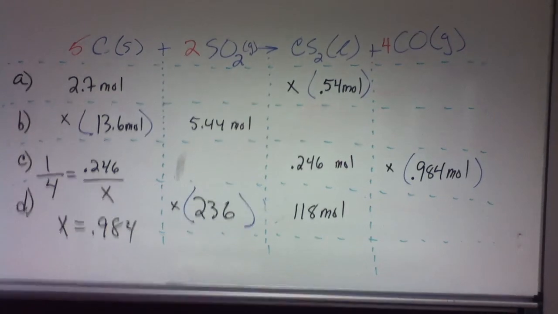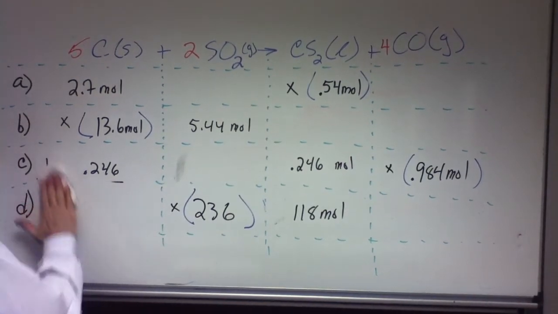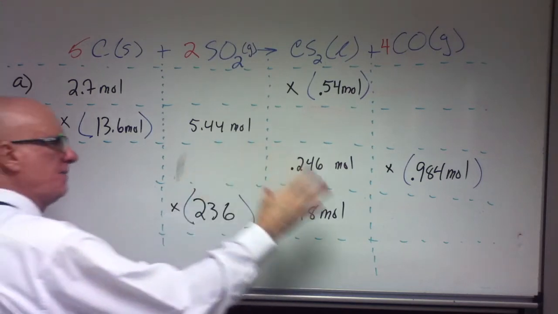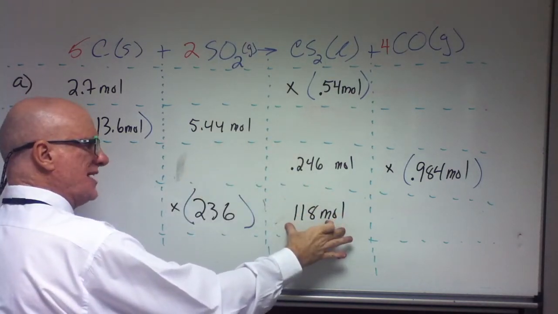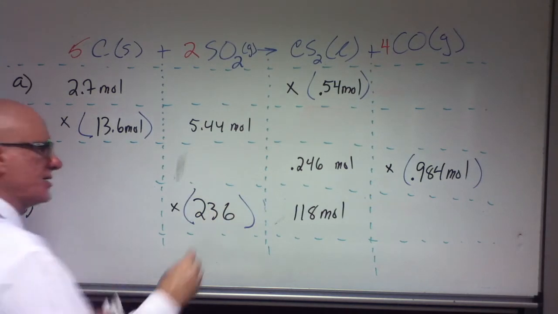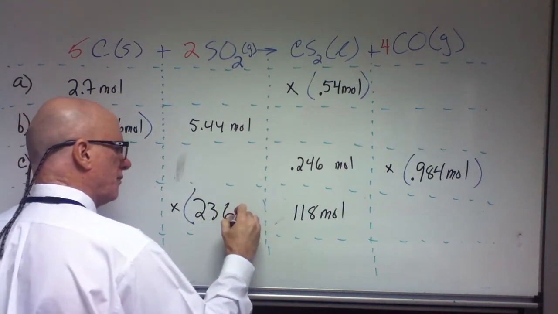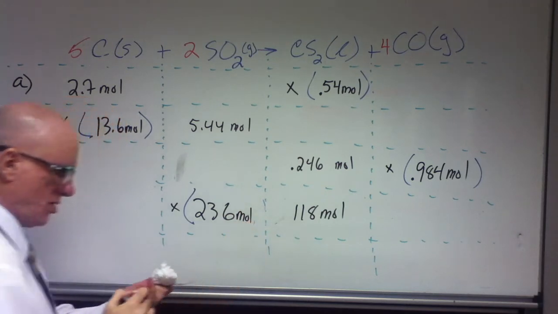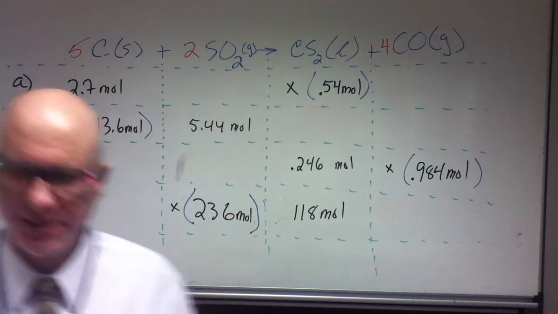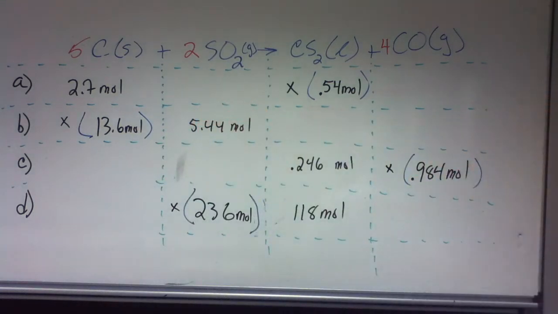You shouldn't have to do this. This should be very straightforward. If I have 118 moles of this, I have 236 moles of this. Clear? Easy? Yes? Okay. Let's just make sure that it took. All right, looks good.